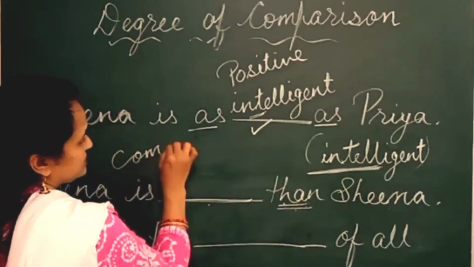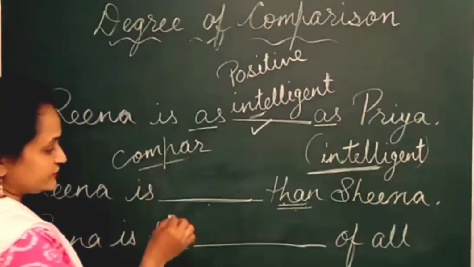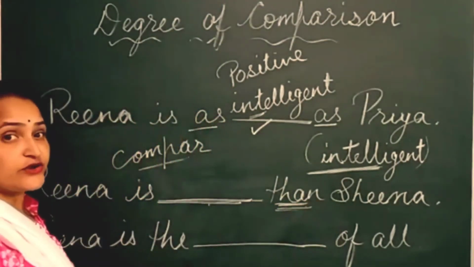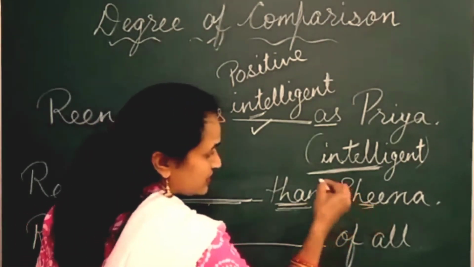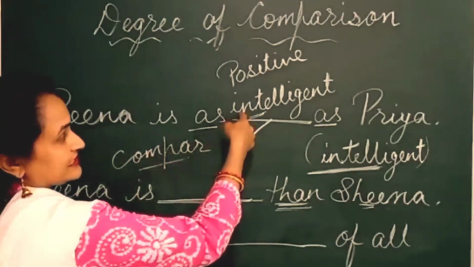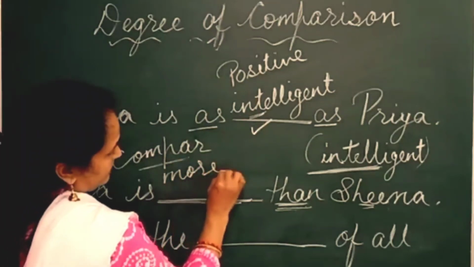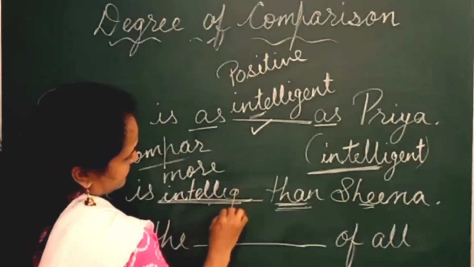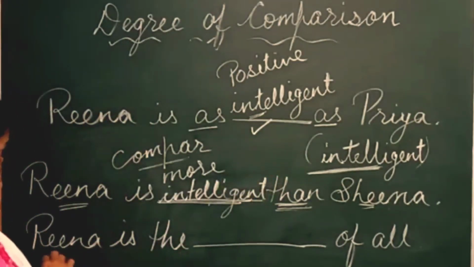When we are comparing two nouns, we always use the comparative degree. So the comparative degree of intelligent is more intelligent. Understood? Now the next one.